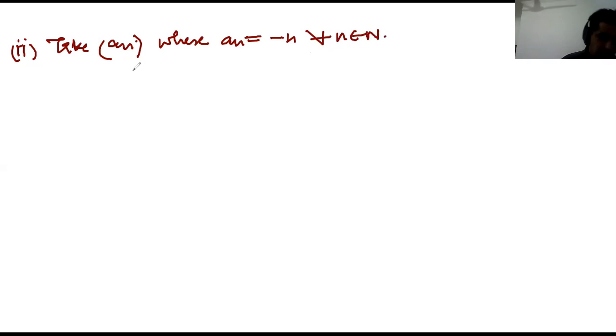This is what it is. Now, obviously, how will the sequence an look? There is -1 here, -2 here, -3 here, and so on. So this is what we are getting.